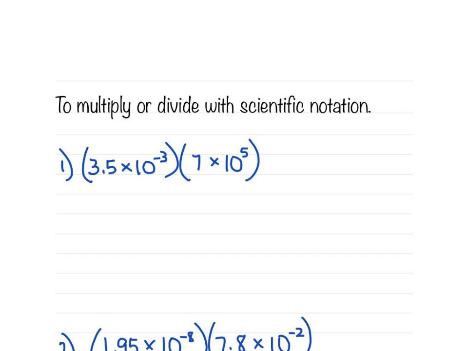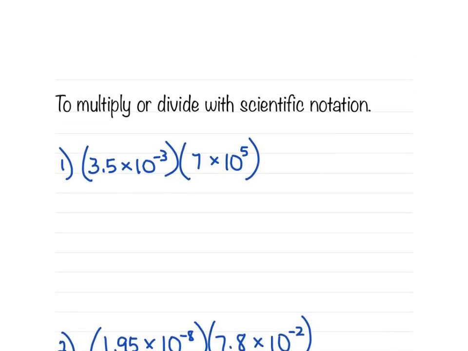Today we will also learn how to multiply or divide numbers in scientific notation. So what we will do for number 1 is we will use associative property to combine the A's and the N's to facilitate this multiplication. So write down the problem. Number 1.